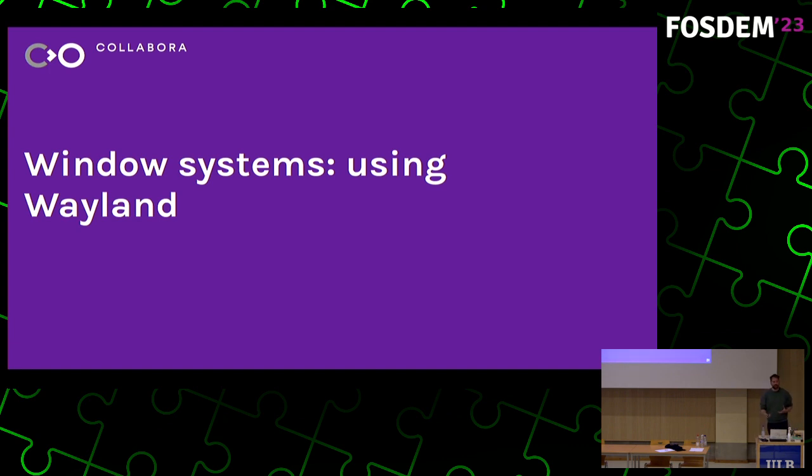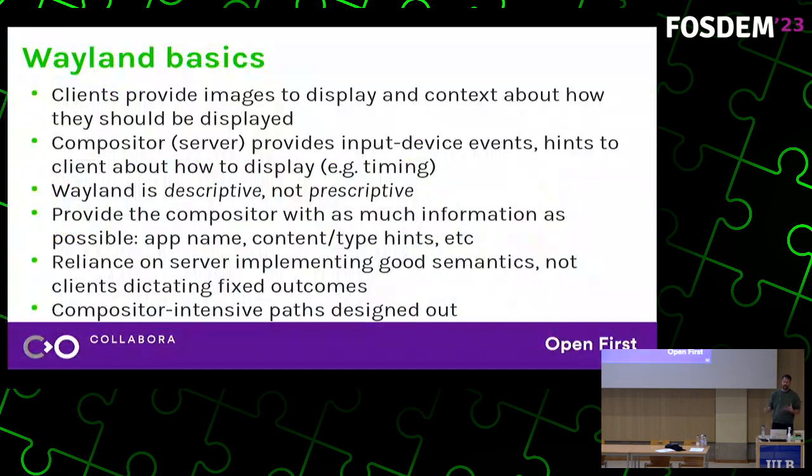So as a super quick run through Wayland, again, it's the same thing. It's clients giving you images and you giving clients pointer and keyboard and touchscreen events in return. I think the main thing about Wayland that people take a while to grasp is that it's descriptive rather than prescriptive.